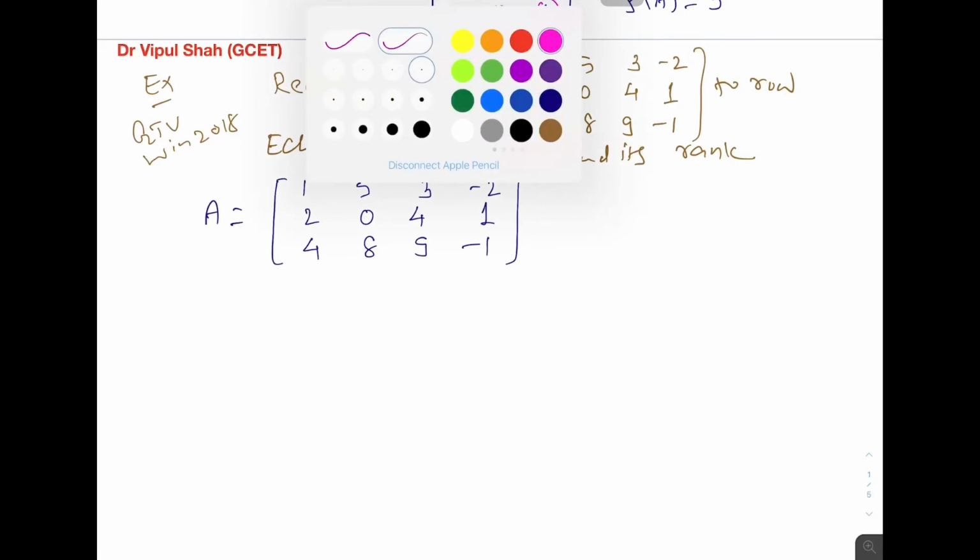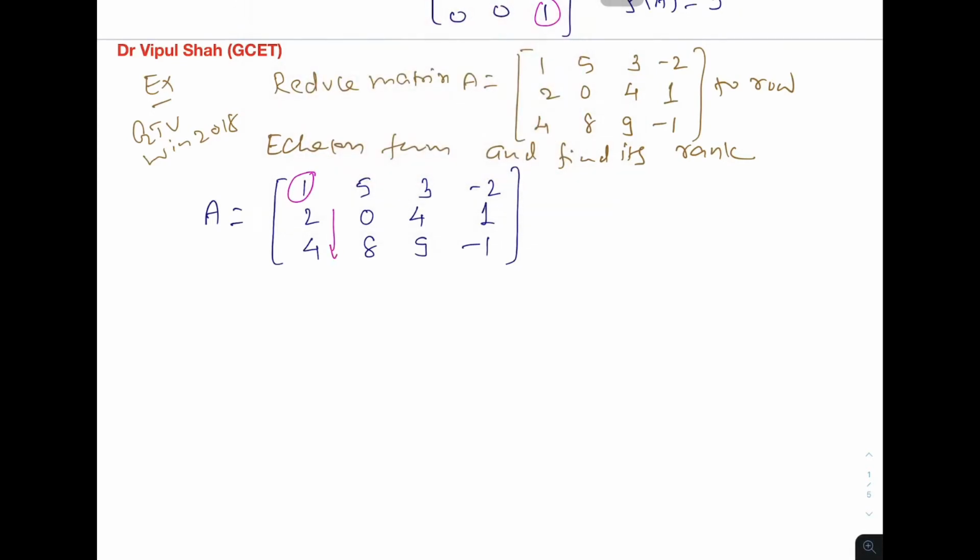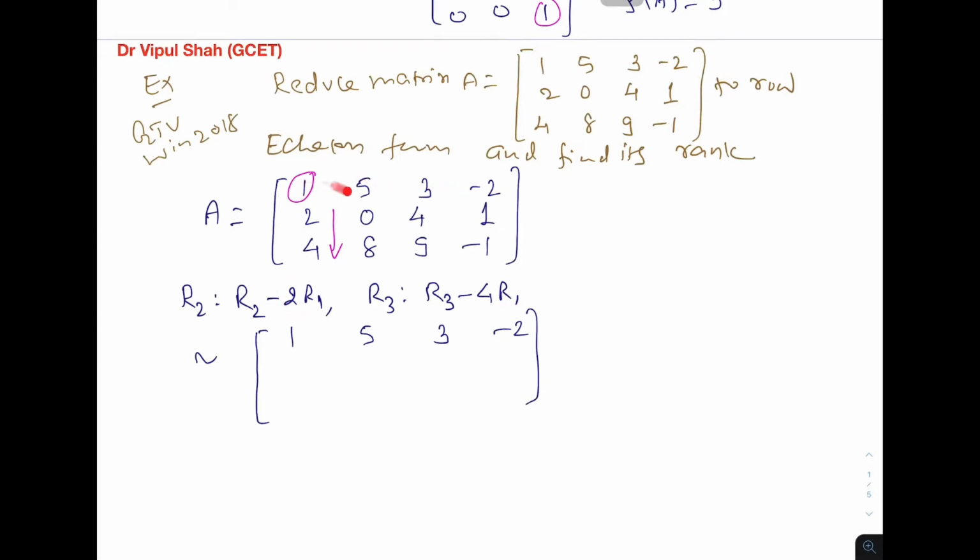Now we are having already 1 here, so make these two to be 0. So that is R2 minus 2R1, R3 minus 4R1. So this is equal to 1, 5, 3, -2. Now this is minus 2 R1, so multiply -2 here and add here.